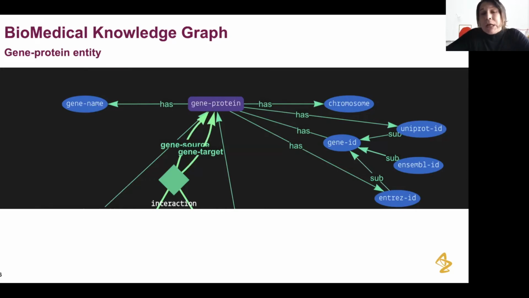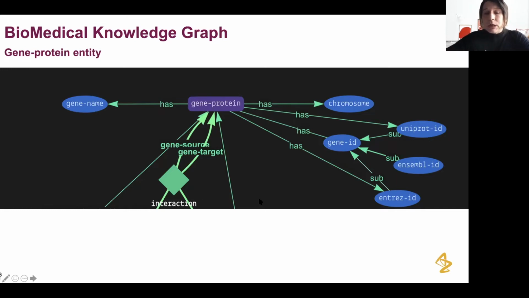We have gene name and chromosome as attributes for the gene protein entity, and an abstract attribute gene ID. The real IDs can be UniProt for protein, and Ensembl and Entrez, which are special IDs for genes from the Ensembl and Entrez databases.